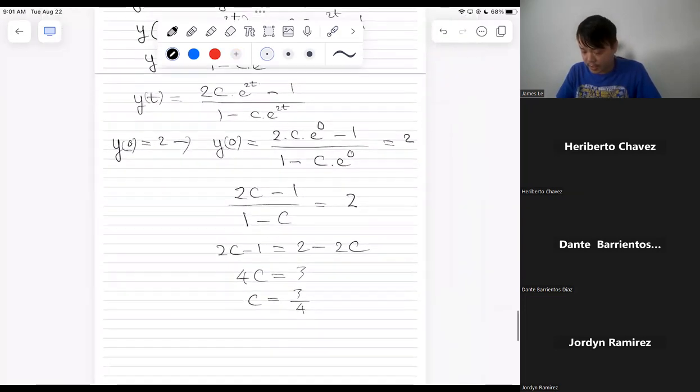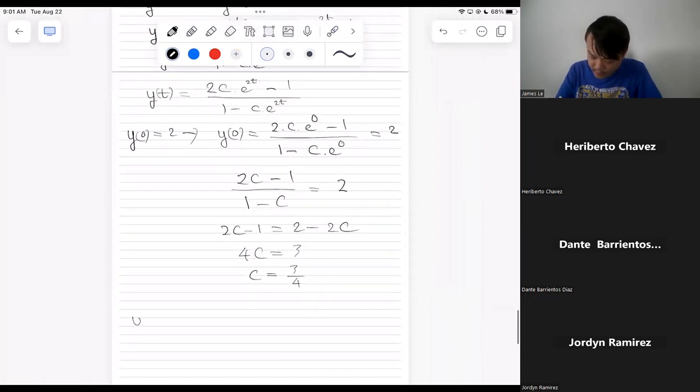After you find c equals 3 over 4, you can plug back into y of t.